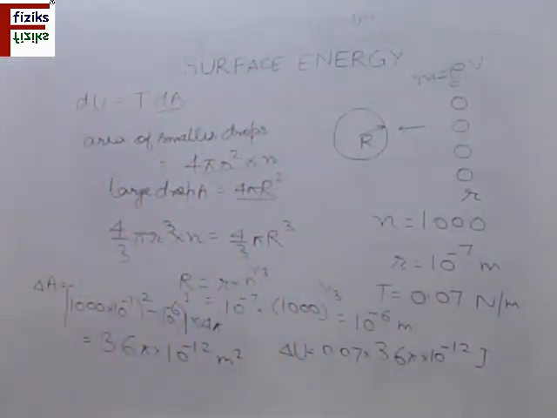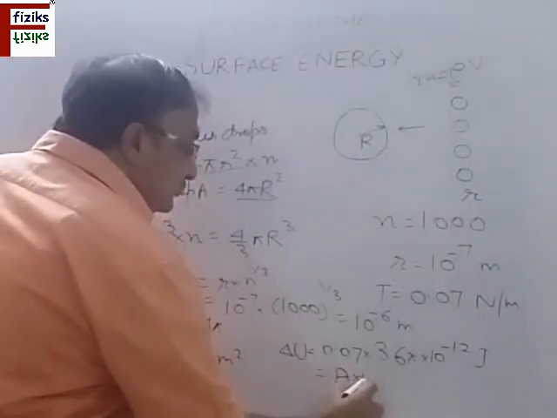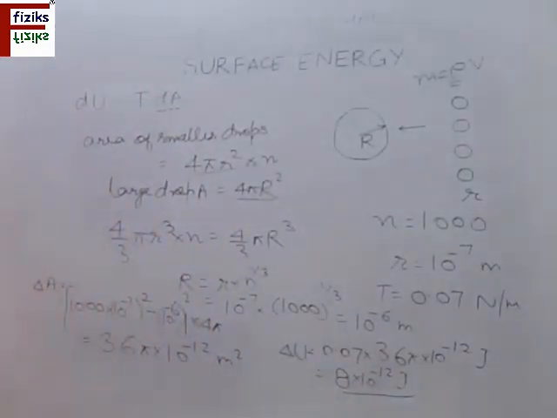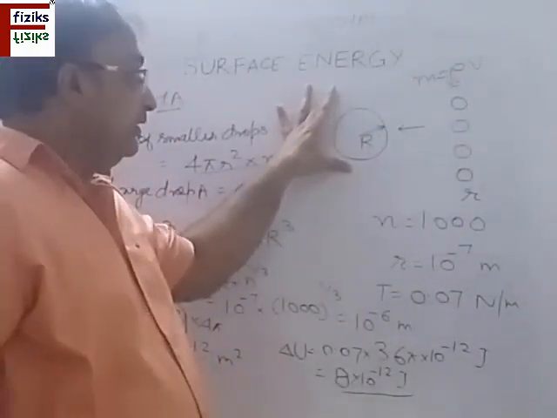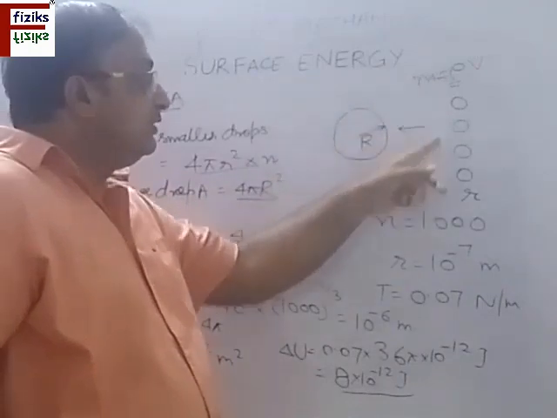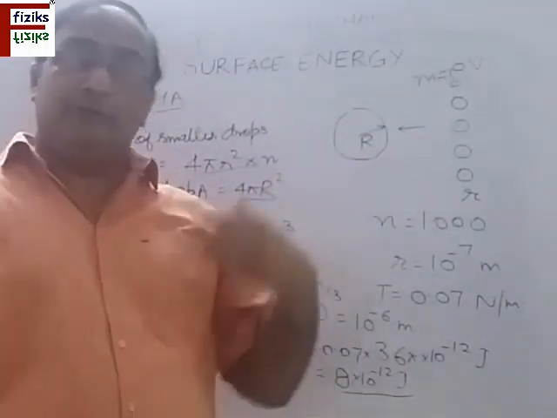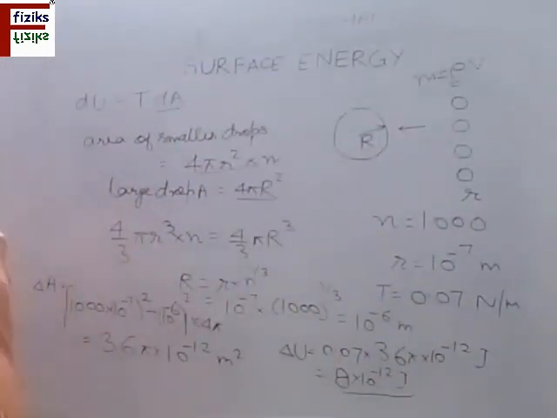So this will be around 8 into 10 to the power minus 12 joule. This is the answer to this question. Remember that if I make smaller droplets from one droplet, by breaking it into smaller droplets, the surface area will be increased. In that case, surface energy will be stored inside the surface of the smaller droplets. So note it down.